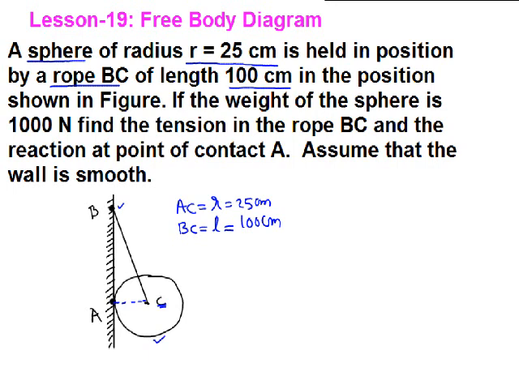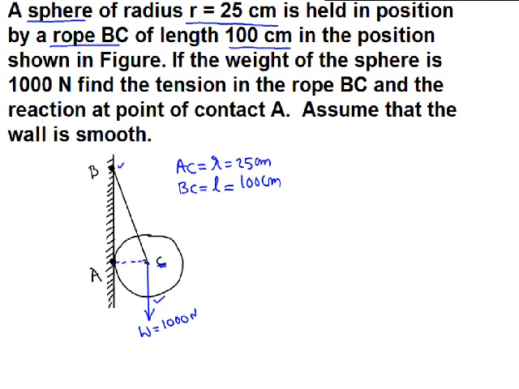If the weight of the sphere is 1000 Newton, that force will be acting at the center of gravity of the sphere, vertically down. Find the tension in the rope BC.